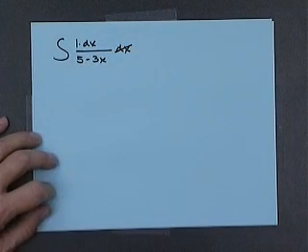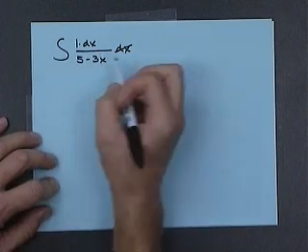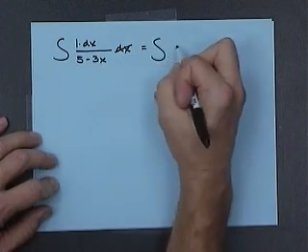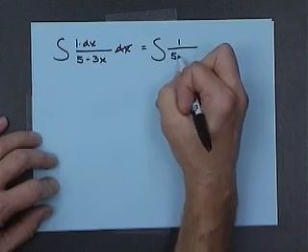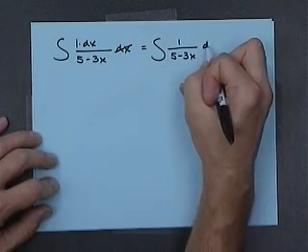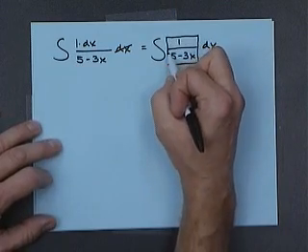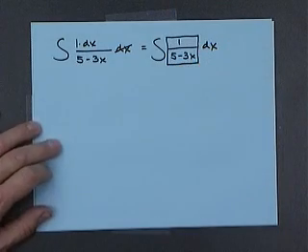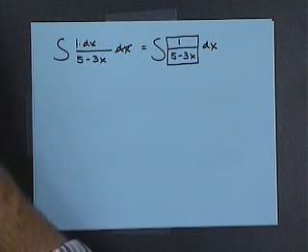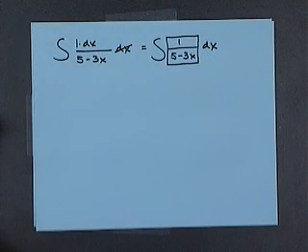Dx is 1 times dx. So there's the thing that we want to make look a little bit easier. And these are guesses, but we want to try to make it an intelligent guess. What choice might we make for u that might make it look a little bit easier?